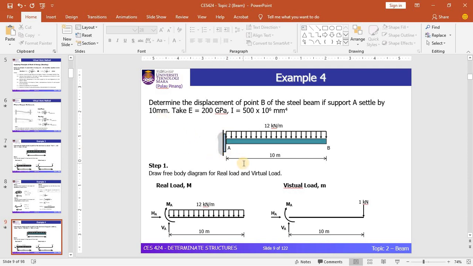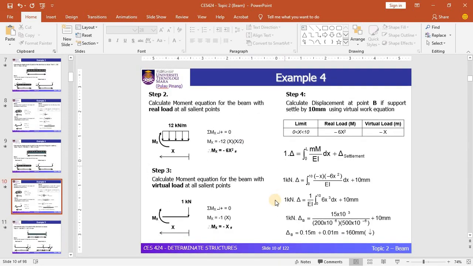The rest remains the same. How to solve this problem? Basically, the steps remain the same and everything is similar, but you need to add the effect of displacement due to the settlement at support A.